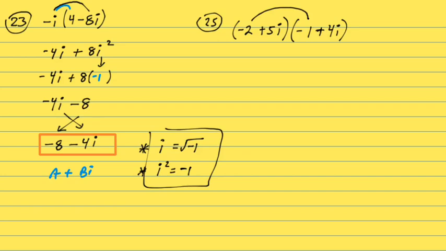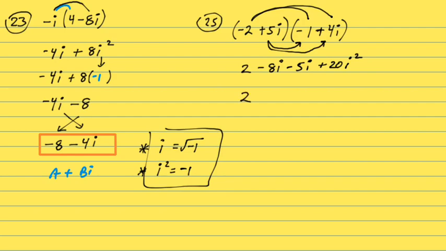Negative 2 times negative 1 is a positive 2. Negative 2 times 4i is negative 8i. 5i times negative 1 is negative 5i. And 5i times 4i is 20i squared.